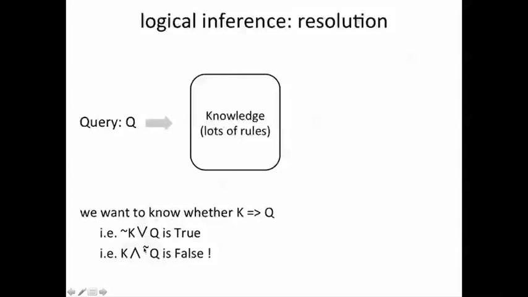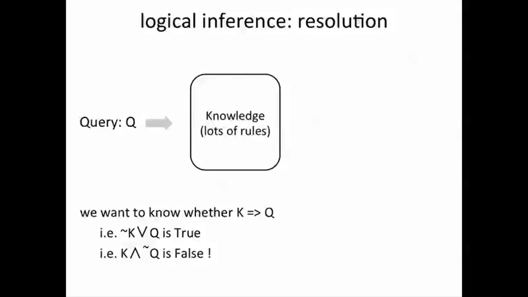An easy way to see that is to check all possible values of K and Q. There are four combinations: true, true; true, false; false, true; false, false. Make sure that in each case, not K or Q being true is the same thing as K and not Q being false. We won't go through that in detail. I'll leave it to you to work that out yourself.